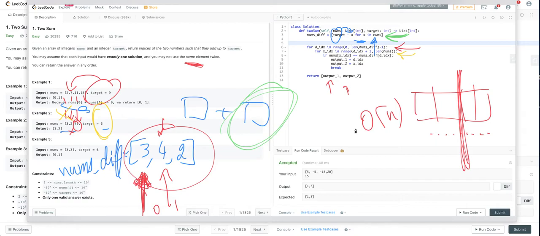Like here we have a break. Once I find a match, I stop. So you're not always traversing the whole array, but on average, the notation is saying you're going to look at every element, and that's what we call an O of n.